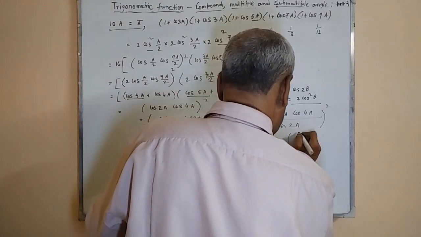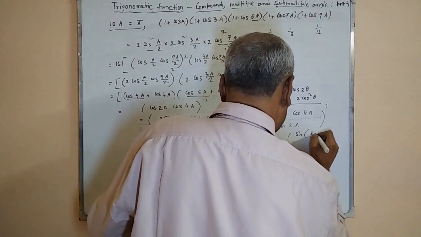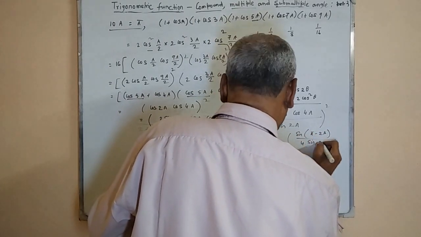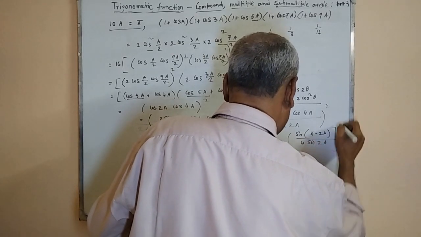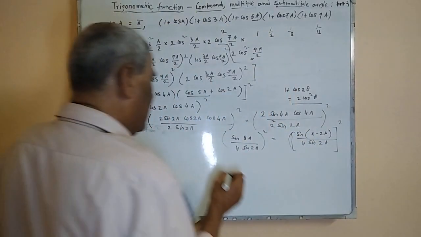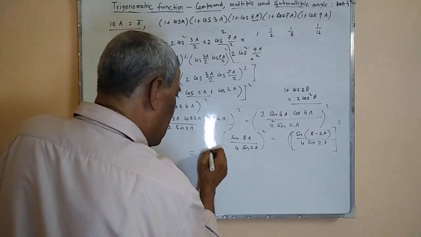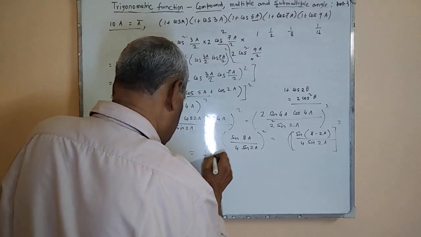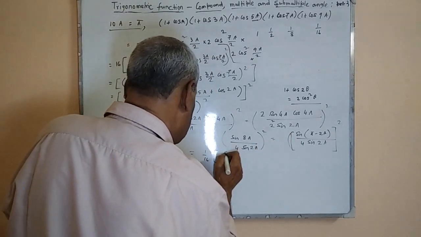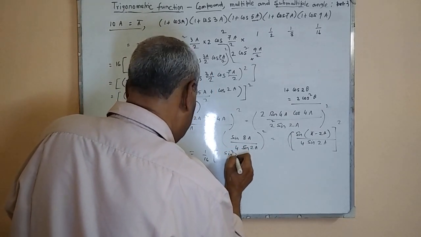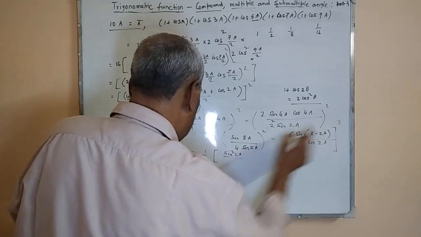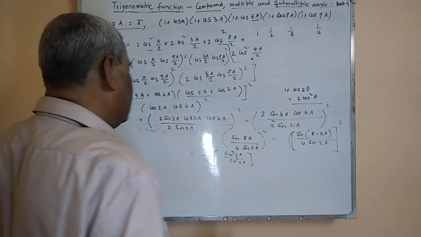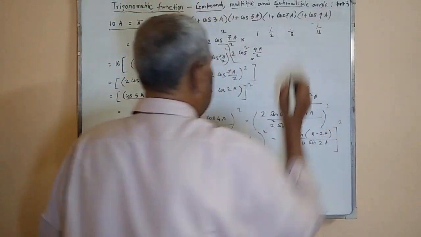So it is equal to sine of pi minus 2A by 4 sine of 2A, whole square, which is 1 by 16 into sine square 2A by sine square 2A, they cancel. So the answer is 1 by 16, so that option is correct.